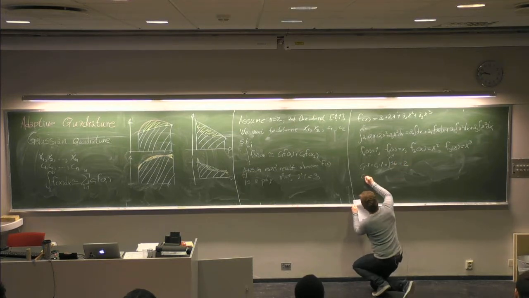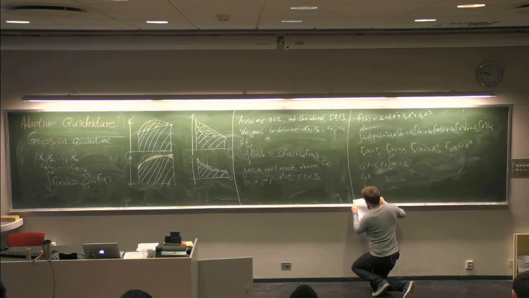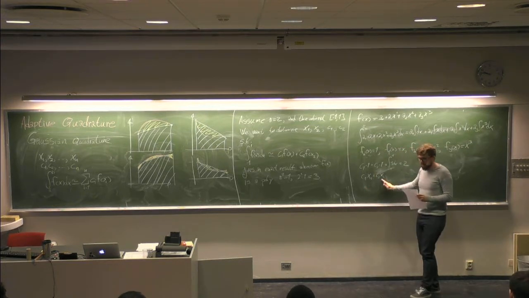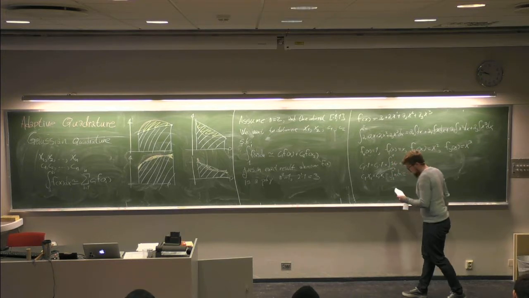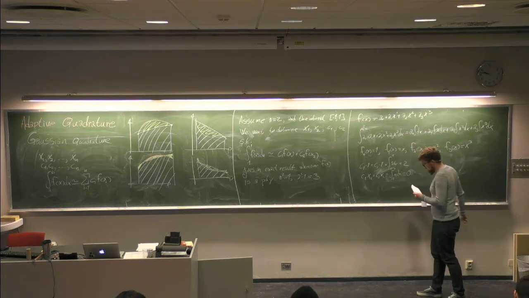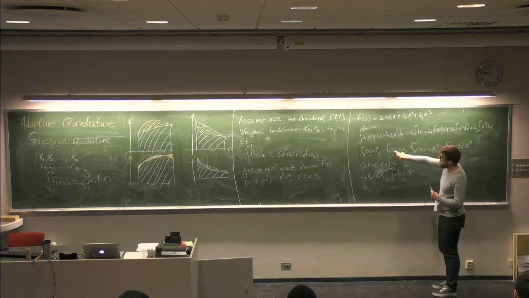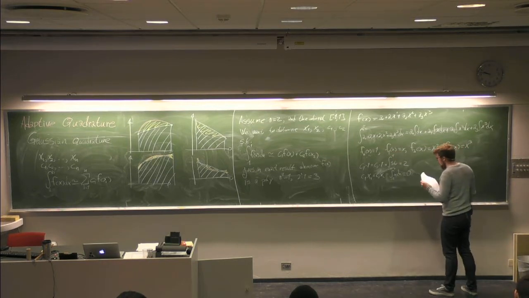For the next one, we will have C1 times some point x1 plus C2 times some point x2, equal to the integral from -1 to 1 of x dx, which is 0. So this is the integral of this function f1.